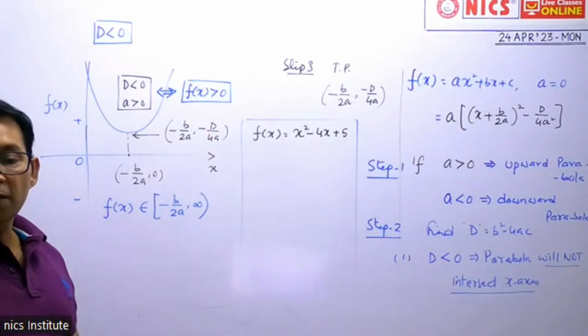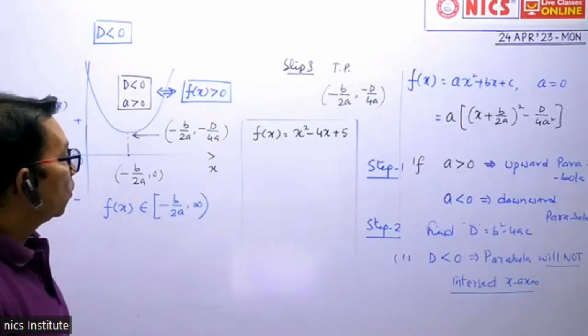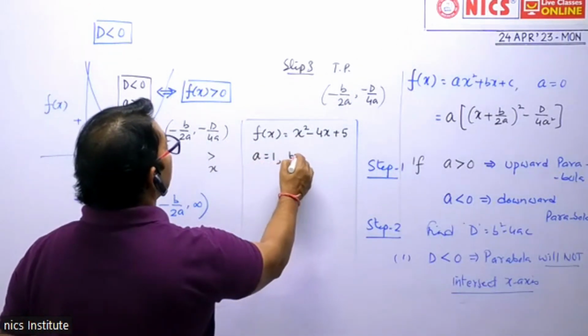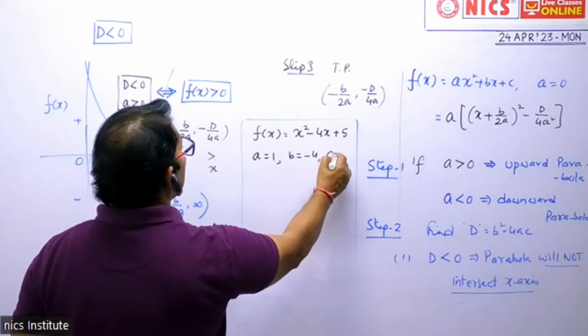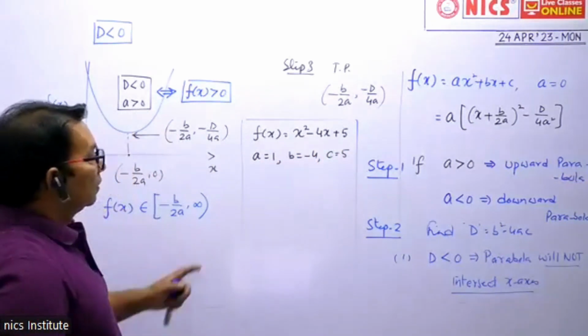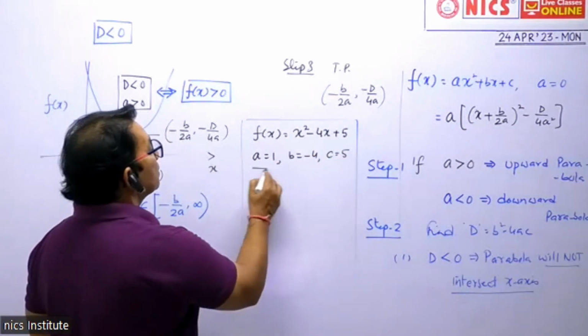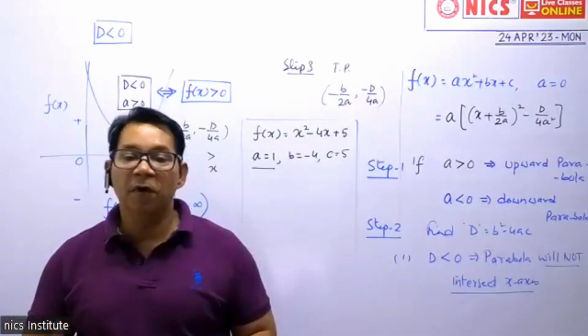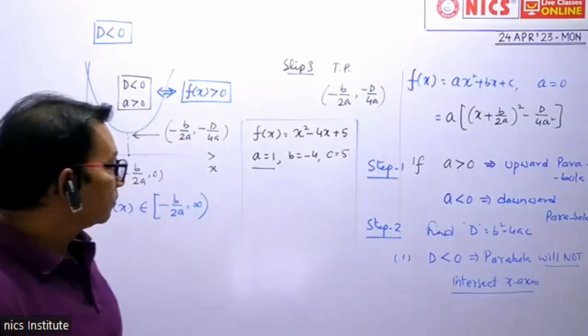We want to plot the graph for this, right? What do you do? You identify a, you identify b, you identify c. Look at a. a is positive. That means the graph is an upward opening parabola, right?